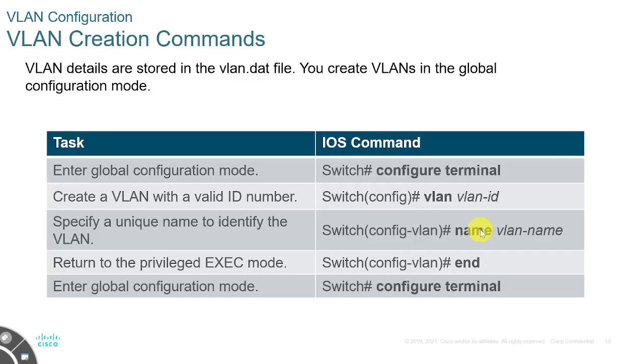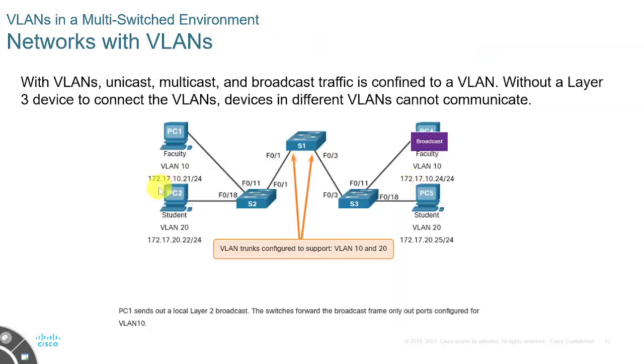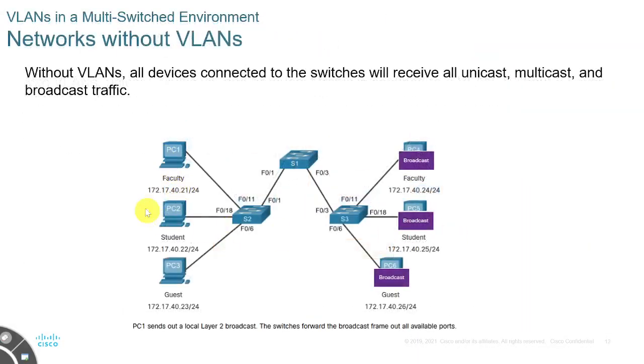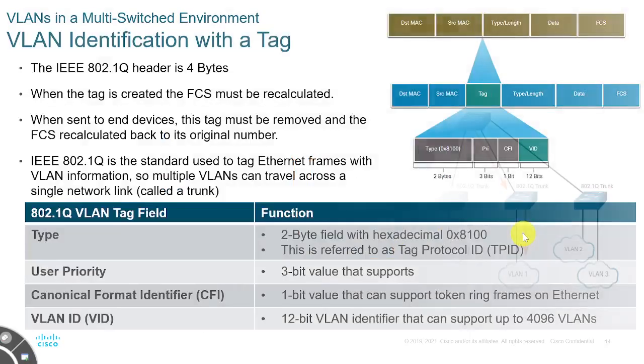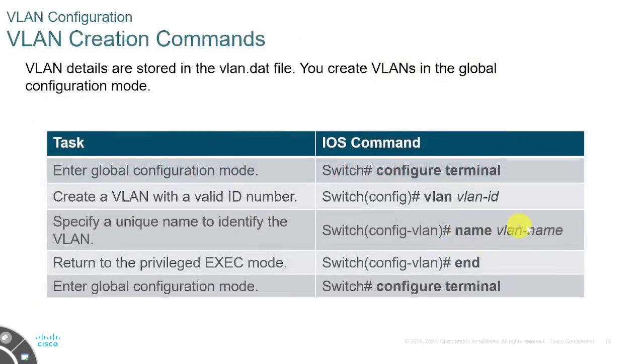If you want to specify a name to identify the VLAN, for example student or faculty, you write name student, name faculty, as you want. And then you go back to global configuration. This way you create the VLAN ID and VLAN name. That's it, two commands.